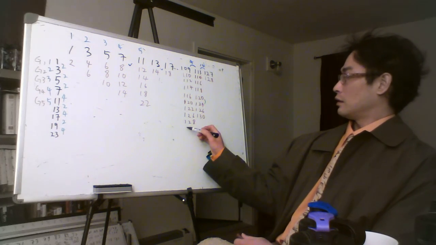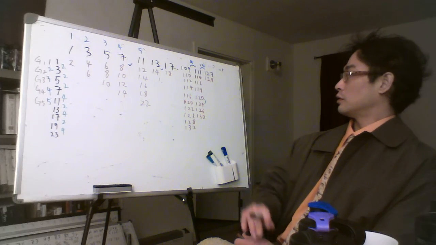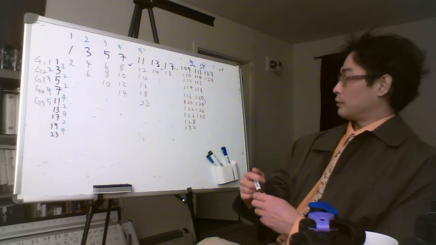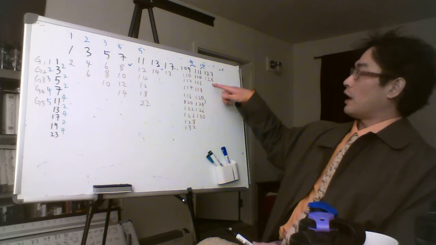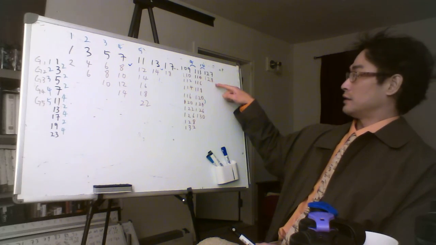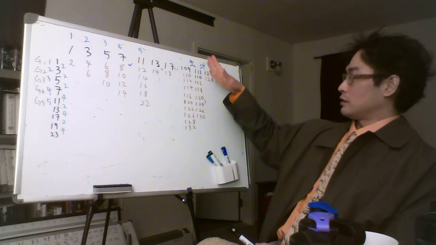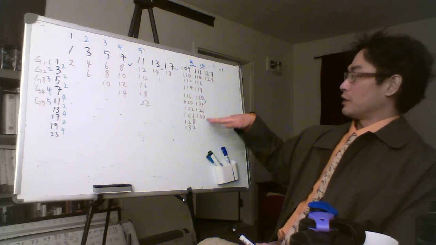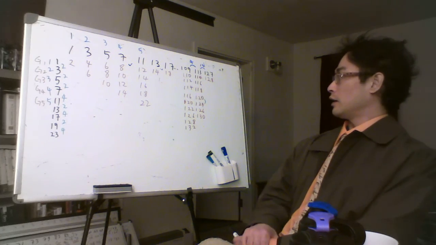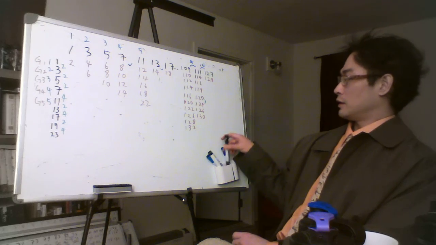And here 23 plus 109, add 4, so 132. And then we stop because our objective is to find the missing link between 114 and 128. As we go down, the numbers get bigger and bigger, so when it exceeds 128, we stop. Okay, so that's our algorithm.